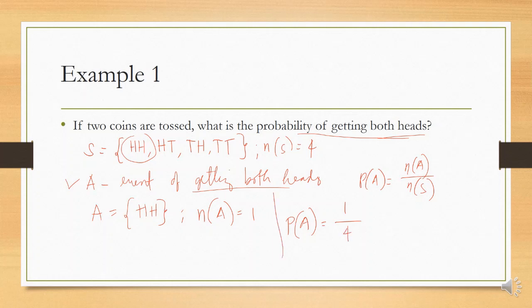So here is our answer. It should always be in lowest terms. Some books show it in decimal point, which is also acceptable. Or, if you have it in percentage, we say we have a 25% probability that when we toss 2 coins, we get both heads.